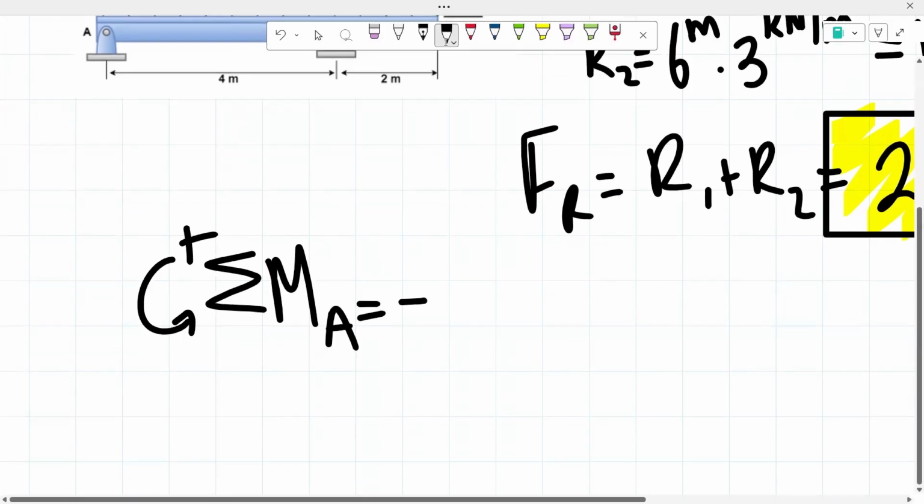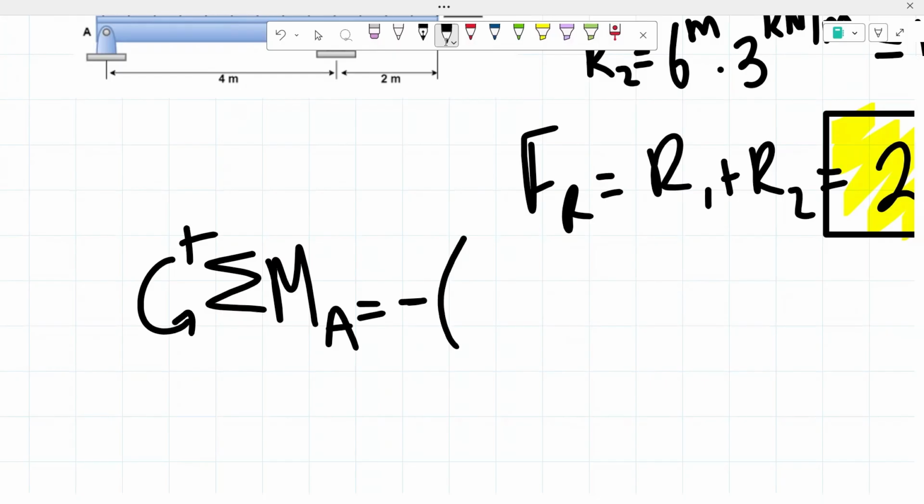So we know that's equal to a negative. Remember, we said our moment is equal to the force times the distance. So our force is our resultant force times our distance, and our distance is that location that we're trying to determine.